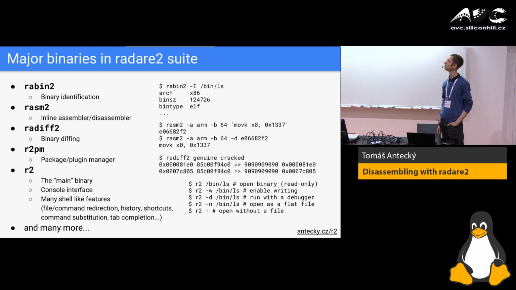The main application is simply called r2, which has a shell-like interface, and you are able to use several shell features inside of it, like file redirection, command redirection, tab completion, and many more.